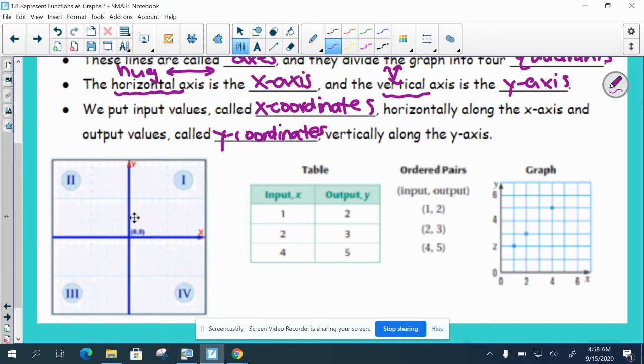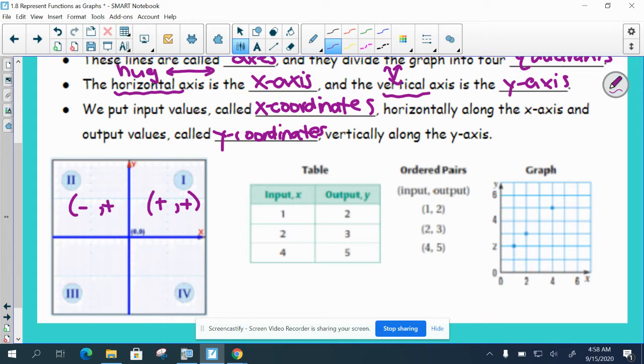So here, this is just your coordinate plane with the 4 quadrants. You always start with 1 at the top. This is where both x and y are positive, so this is the positive x, positive y quadrant. If you go left and up, that's the second quadrant, which is negative x and positive y.